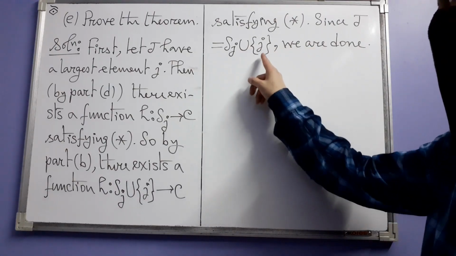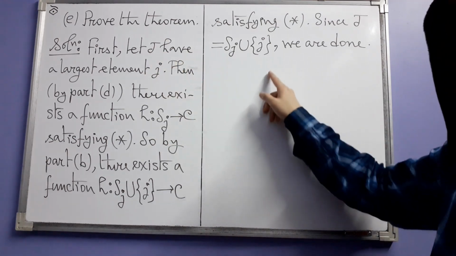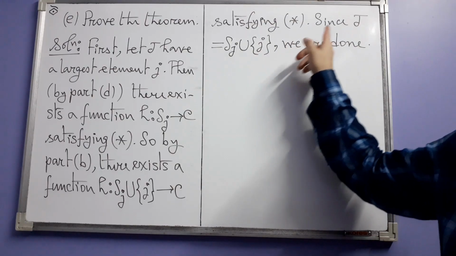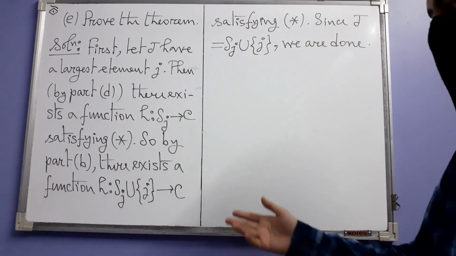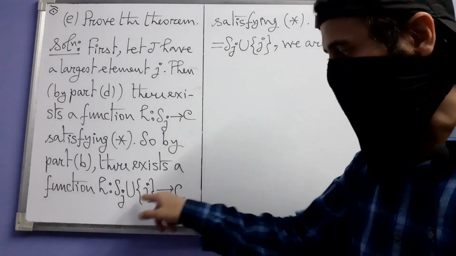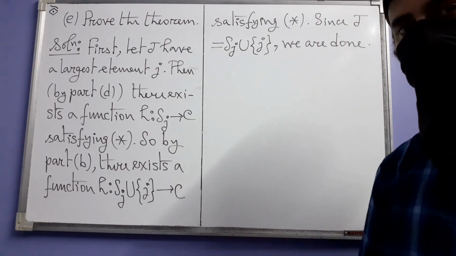But clearly, since j is the largest element of J, Sj union this singleton set j is nothing but the entire set J. So that way you will have a function from J into C which satisfies star. So that's the original claim of the theorem.